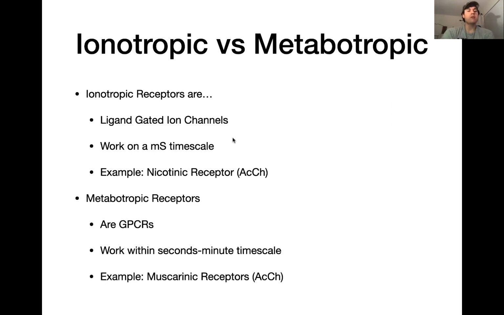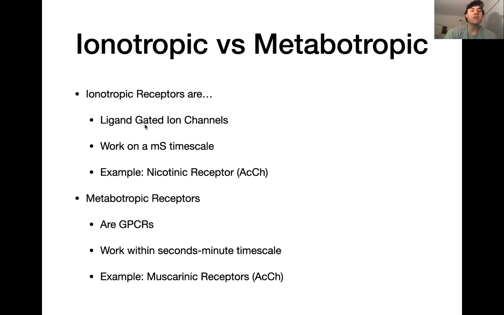So from this, we see that there are two different types of receptors on the postsynaptic cell. The first are the ionotropic receptors, and ionotropic receptors are ligand-gated ion channels. So in other words, when the neurotransmitter binds to the receptor, it will open the ion channel, allowing certain ions to flow through into the postsynaptic cell.